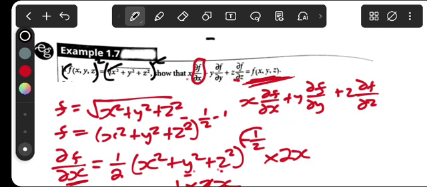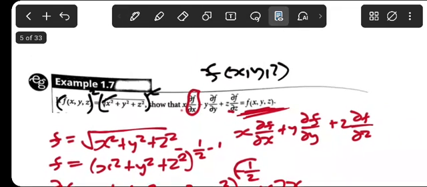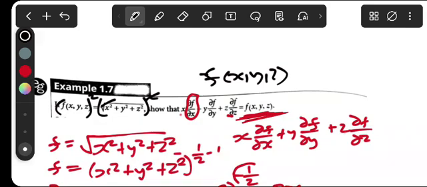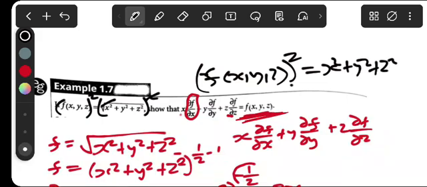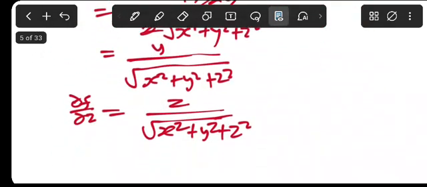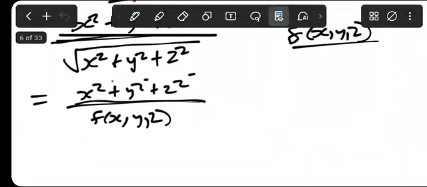So we'll be left with f of x, y, z raised to the power of 2, because we squared that. This will simply equal x squared plus y squared plus z squared. So I will replace that. I will square this. Remember, this will be the same as this. So I come here.